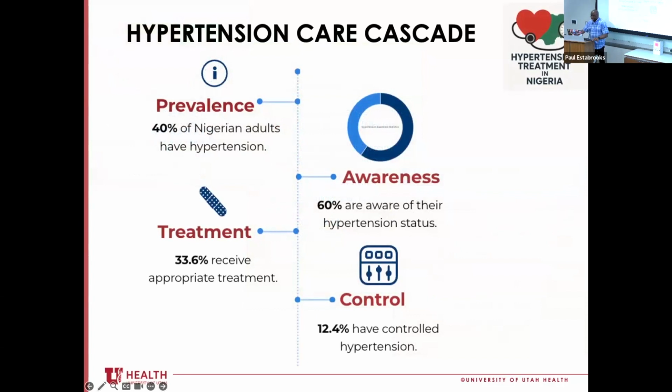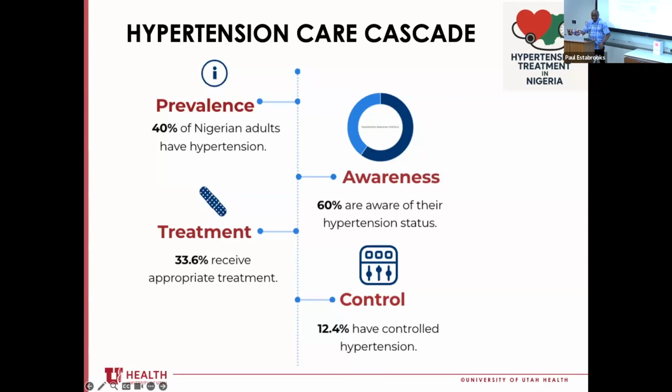So giving the kind of context to this project, in Nigeria, 40% of Nigerian adults have hypertension, and 60% are aware of their hypertension status. 33%, that's like 1/3, receive appropriate treatment, and 12.4% have controlled hypertension. So we could see the gap between prevalence, awareness, treatment, and control.